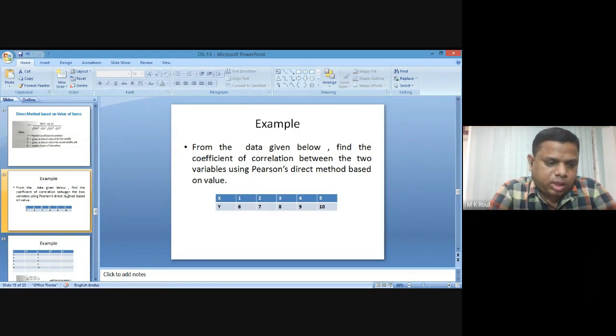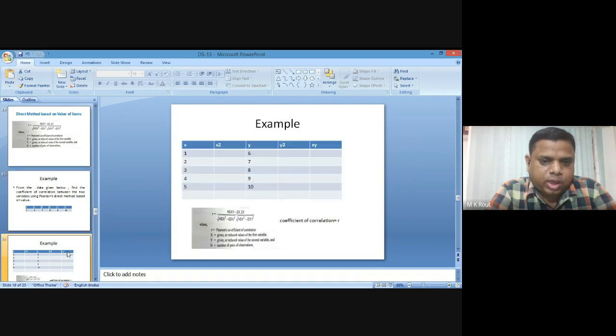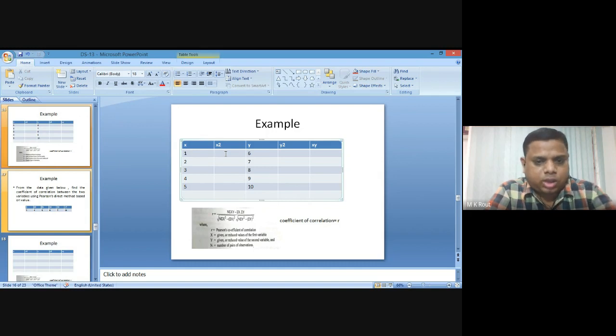This one is very easy to calculate. First, I made a table. The first column belongs to the x variable, and then I directly go for the square of x. That is 1, 4, 9, 16, and the last one is 25.